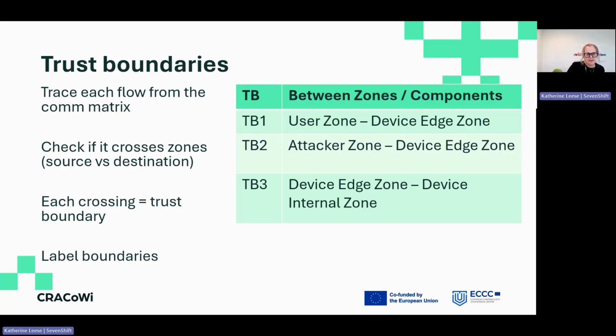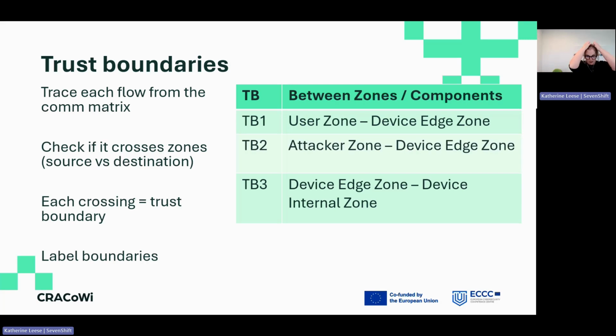We can take this and look at each flow from the COM matrix, and then wherever a flow crosses between one trust zone to another, we want to put a trust boundary in between, because these are the risky transfers of information.